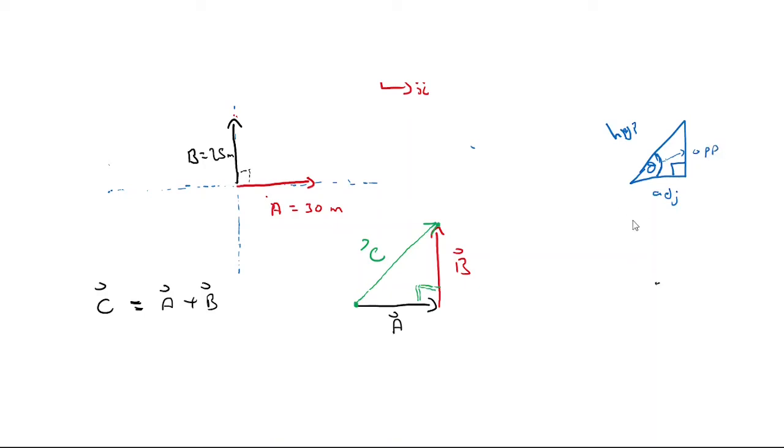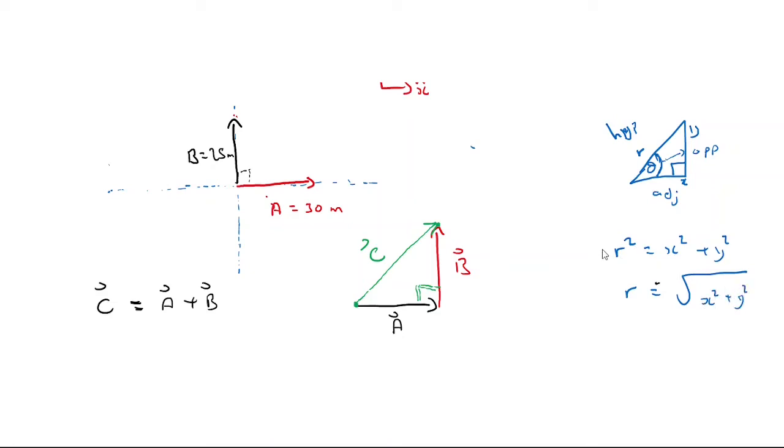Now, if I call this side R, this side Y, and this side X, we know that according to Pythagoras, R squared is equal to X squared plus Y squared. So if I wanted to find the magnitude of the hypotenuse, it would be the square root of X squared plus Y squared.